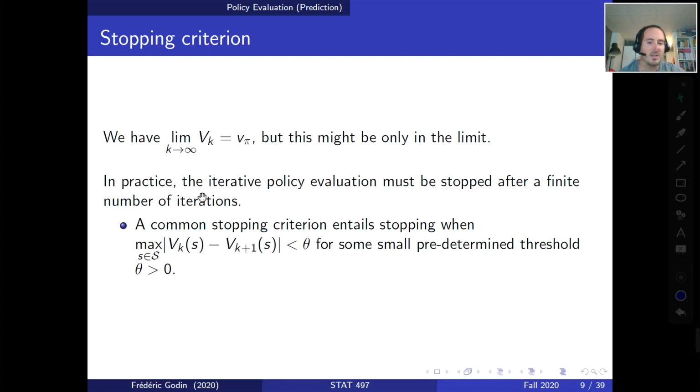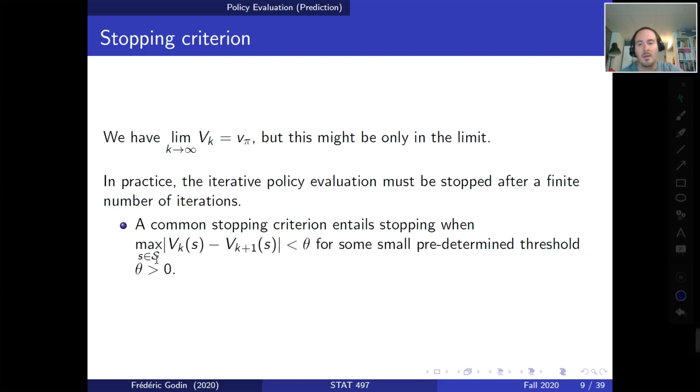So in practice, how do we apply this? We would stop at some point, but how do we decide when? A common stopping criterion entails stopping when the difference between your previous estimate and your next estimate is smaller than some tolerance parameter called theta for all states.